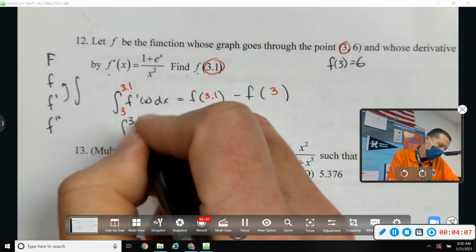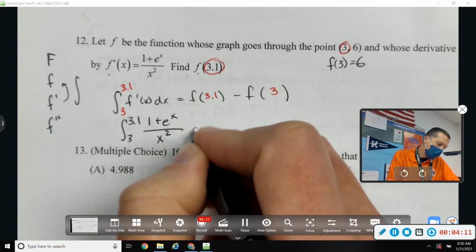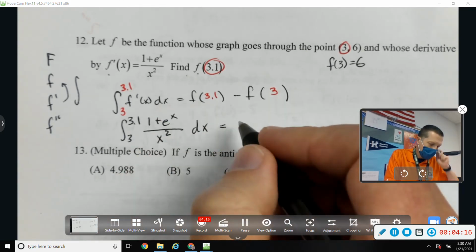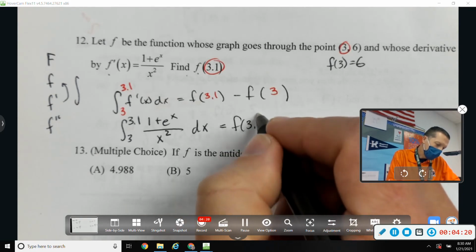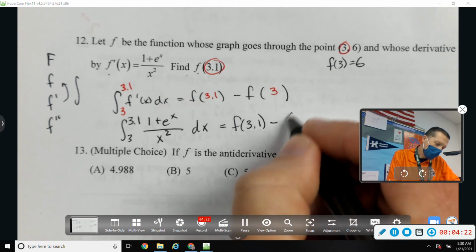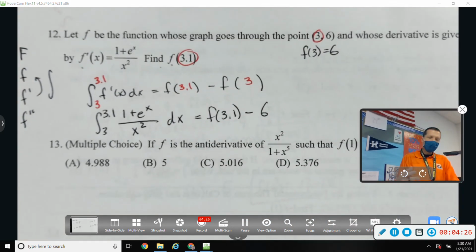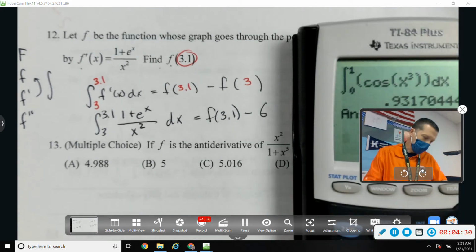So this will be another calculator problem, unless somebody knows how to take the antiderivative of that thing. No one does. And f of 3 is 6. So the problem was stated a little different than number 4, but it turned into a very similar problem.